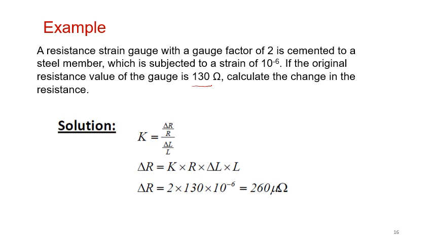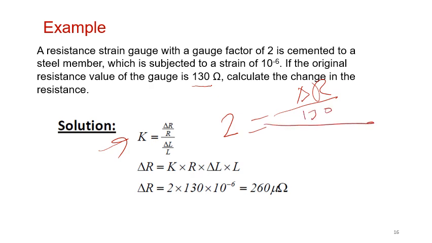Very simple, we can use the same equation. K equals 2, which equals delta R over R, which is 130, divided by delta L over L, which equals 1 times 10 to the power minus 6. So we calculate it to get delta R. If you want the resistance after the strain, we can add it to this value.